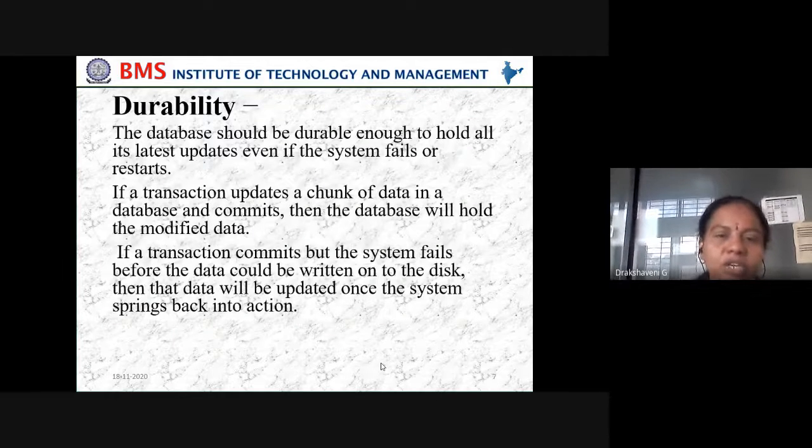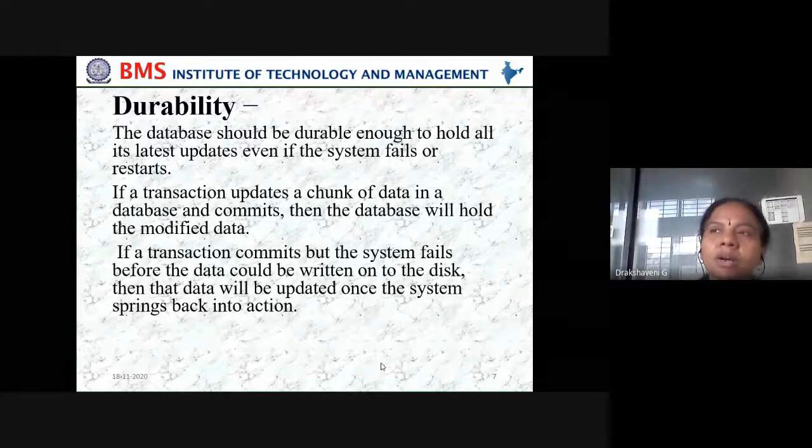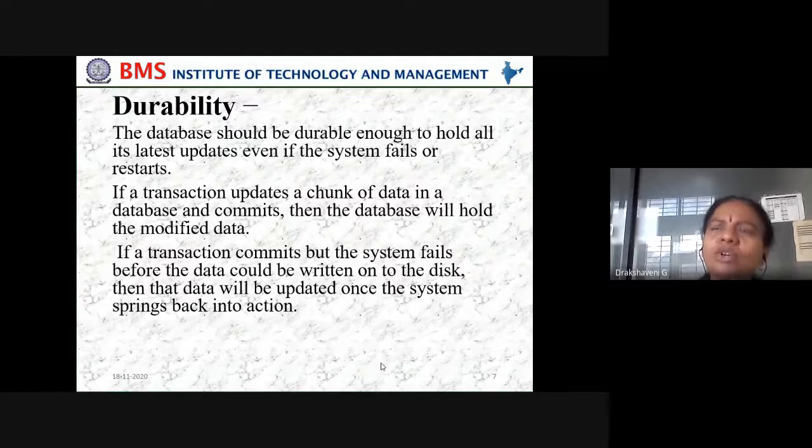The database should be durable enough to hold all its latest updates, even if the system fails or restarts. Suppose we have a latest operating system, a latest SQL, so many versions.